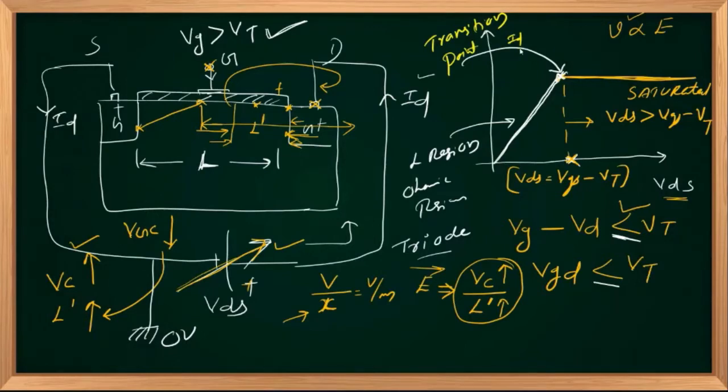Right? So if you are asked to identify the transition point of an N-channel MOSFET, you can write it as its VDS value equal to the VGS minus VT point, or the point in which your drain current is maximum.